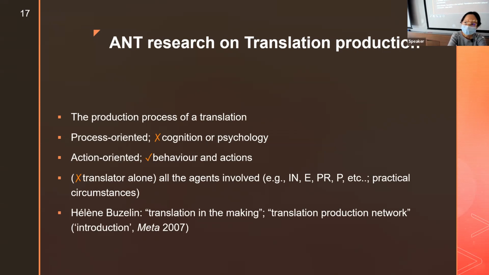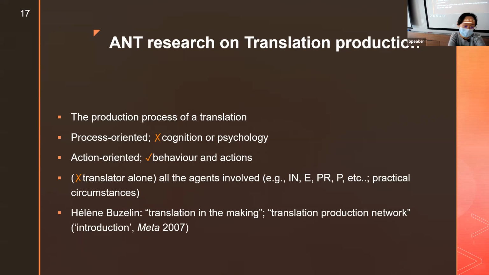This type of research focuses on the process of producing, the manufacturing process of translation. It is process-oriented, not cognitively or psychologically oriented, and instead it focuses on the actions and behaviors of the participants of translation.